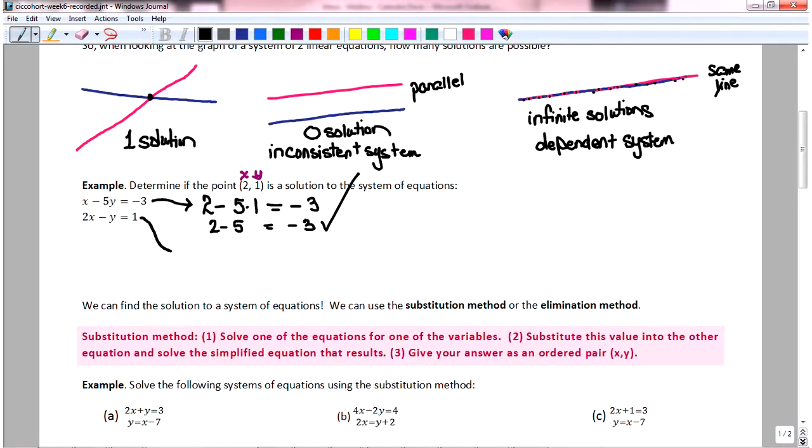So now I need to see if it's a solution to my second equation in the system. So we have 2 times 2 minus 1 equals 1. We end up with 4 minus 1 equals 1. Well, that's false. So that means that this is not a solution to the system.